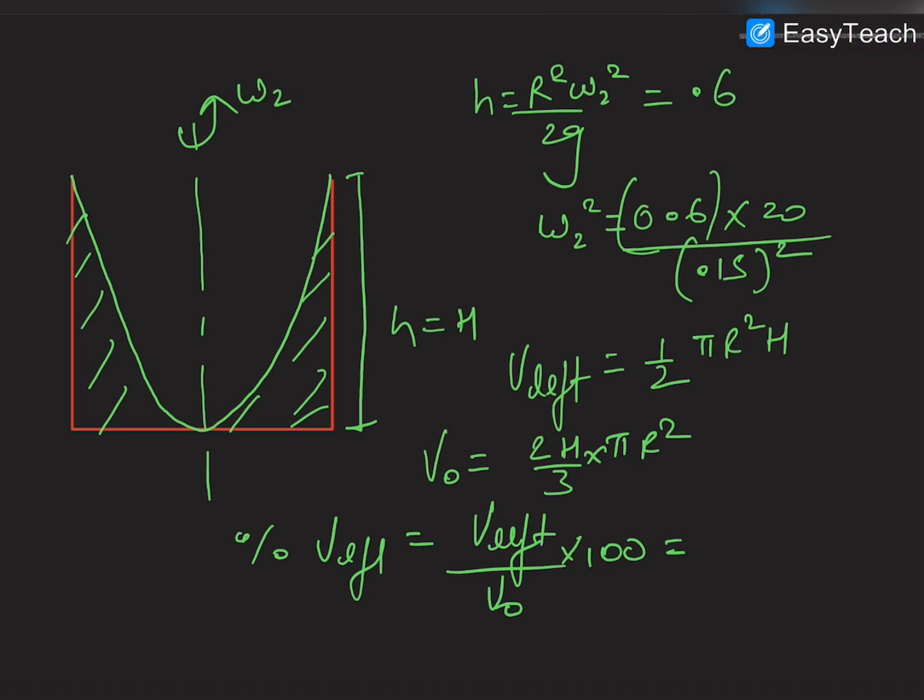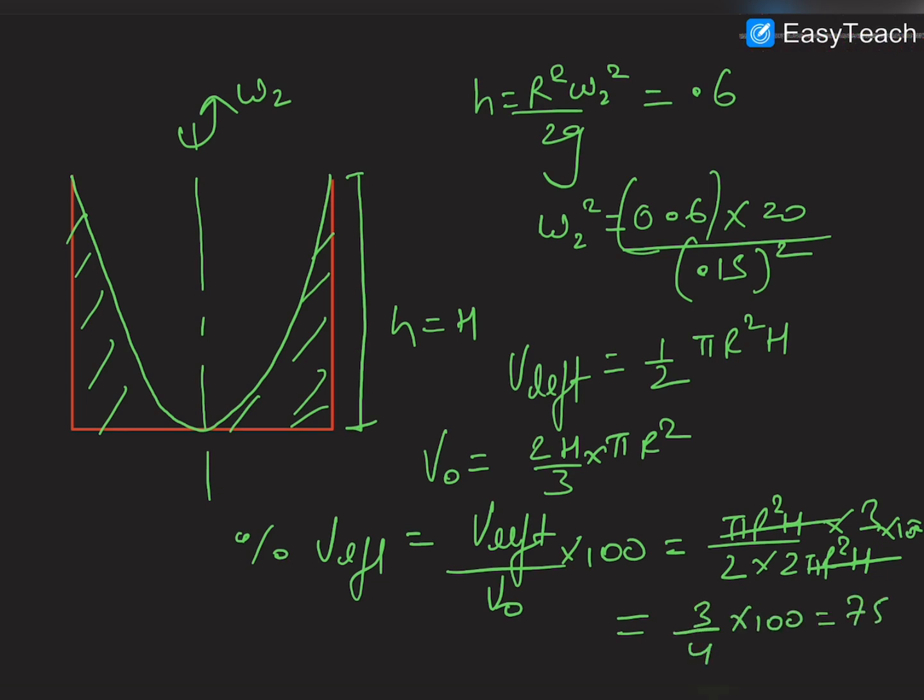So volume left is pi r square h by 2, and initial volume was 2 pi r square h by 3, into 100. So you can see that this pi r square h is cancelled and it would be 3 by 4 into 100. So it is 75%. So 75% volume is left in the container in this case.